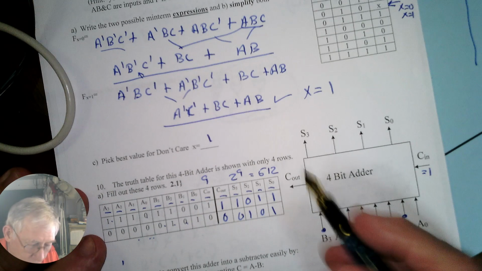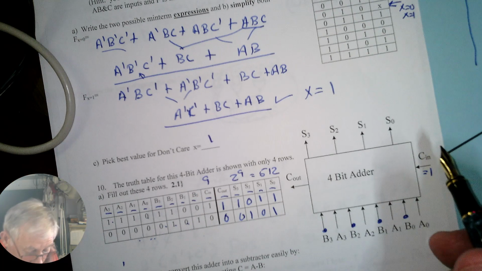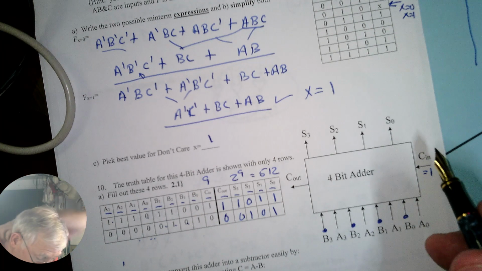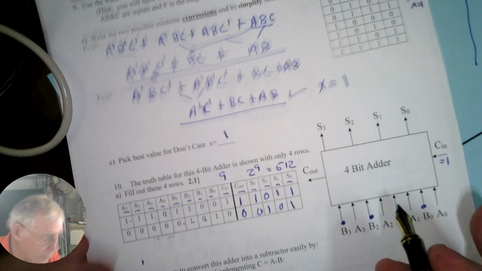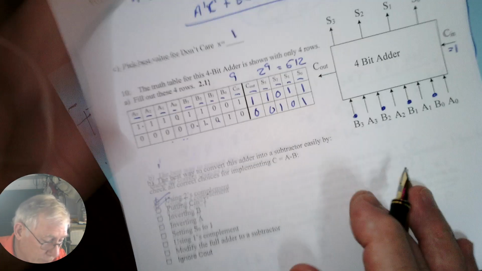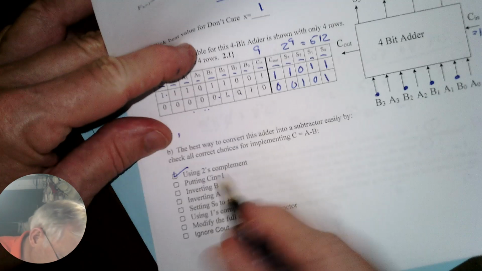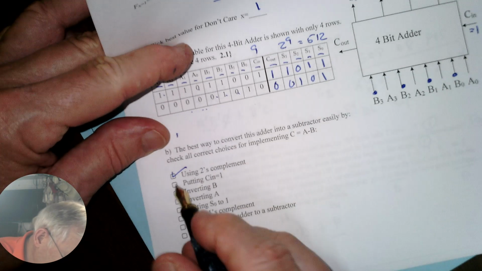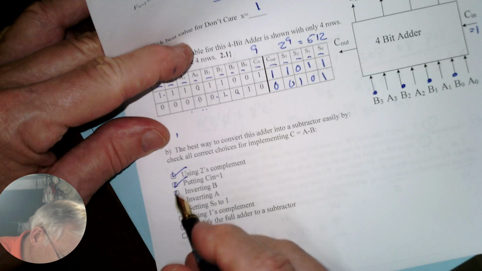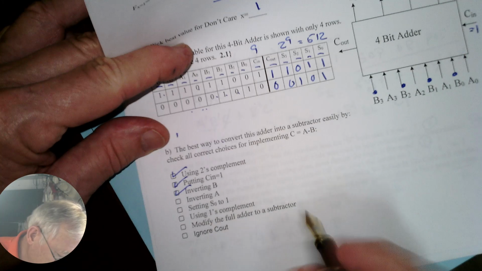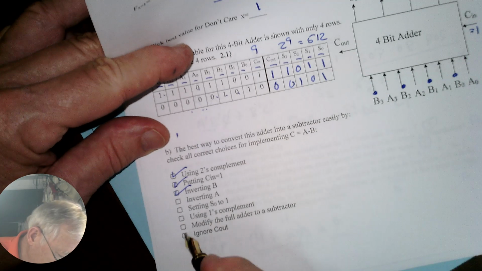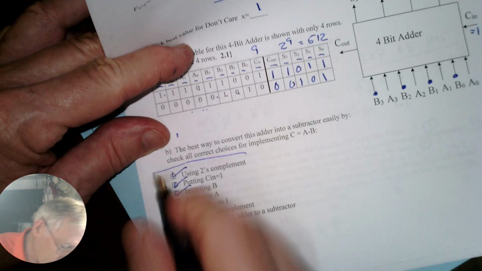And in the case of 2's complement, we ignore the carry out, and that's all there is. So the best way to turn this adder into a subtractor is to use 2's complement, put a 1 into carry in, invert B, and ignore the carry out. Those are all the good choices.